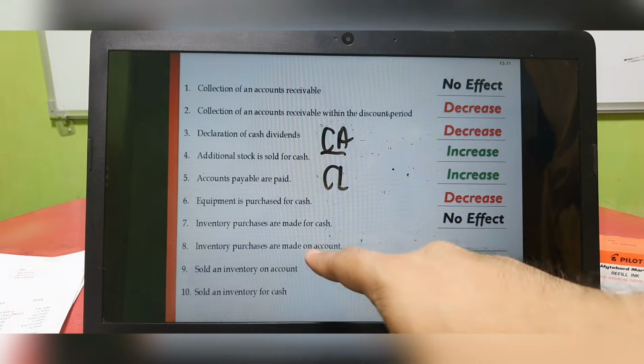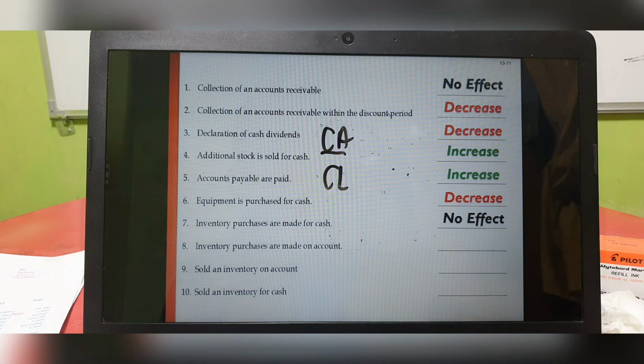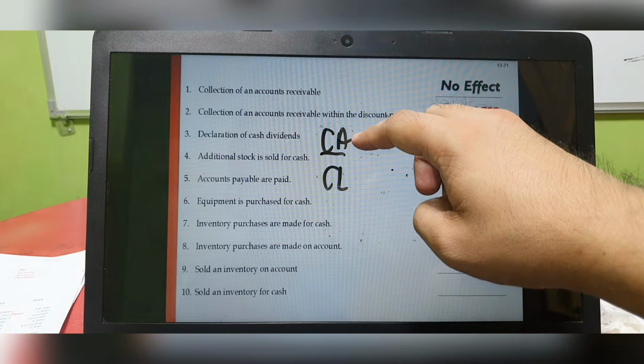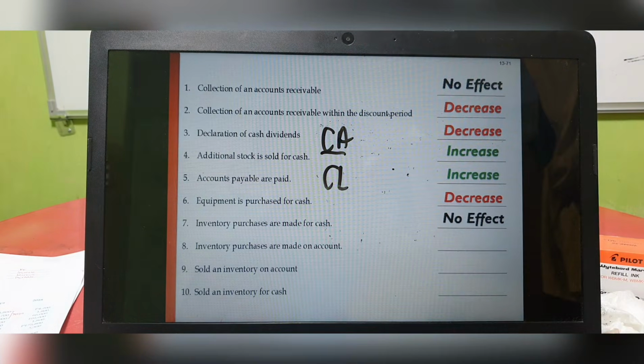Number 8. Inventory purchases are made on account. When we buy inventory on account, what will happen? Inventory increases CA. On account increases CL. So the numerator increased and the denominator increased. What will happen to your current ratio?